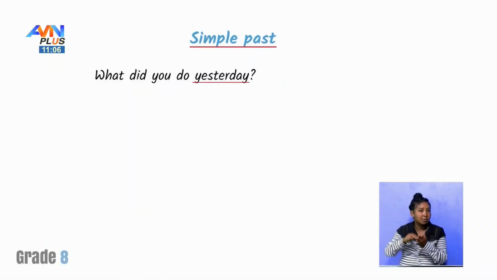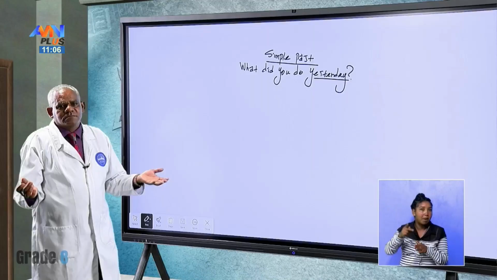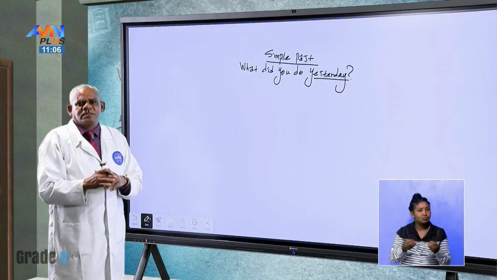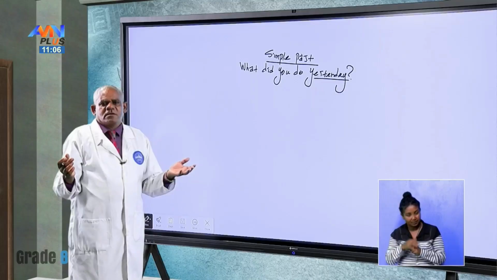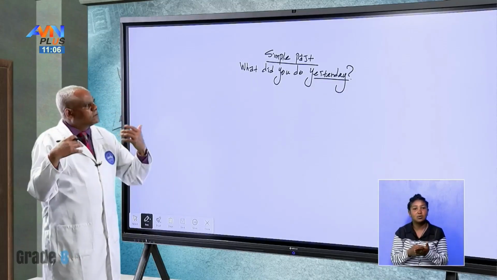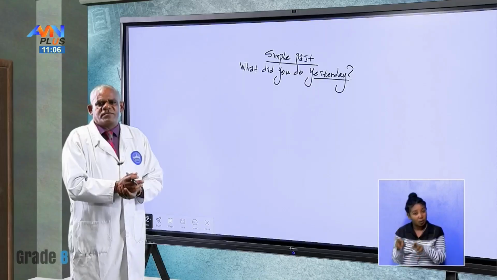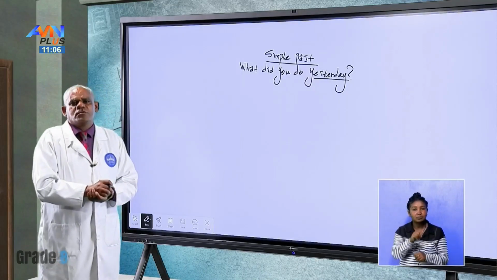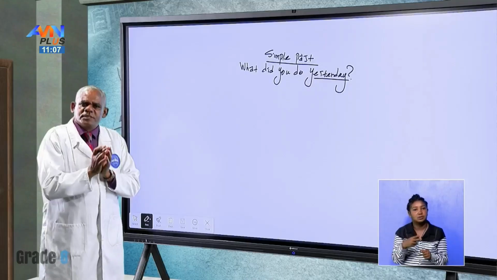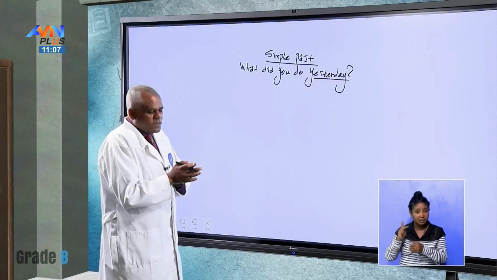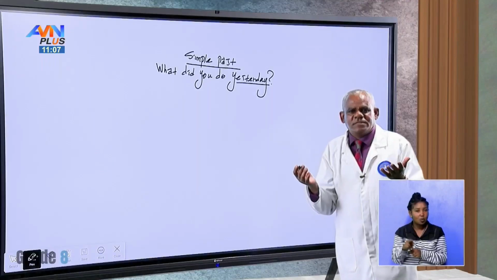Yesterday is the previous day. It's already past. You did a lot of activities in the previous time, or yesterday. So when it comes to the verbs, whether regular or irregular, both are possible while you are expressing simple past tense in order to talk about your past actions or activities.